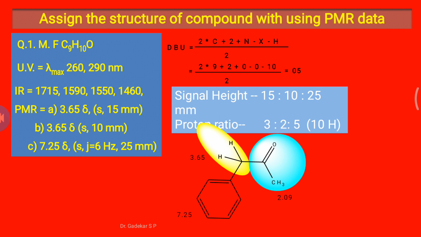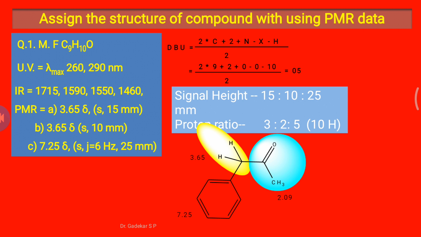It means the presence of 2 protons as a singlet. All proton sets are singlets, meaning their neighboring groups are not protons. So the third signal, peak height 25, means this C signal consists of 5 hydrogens, and these 5 hydrogens are a singlet, meaning chemically equivalent 5 hydrogens. So in this problem 3 signals are given.